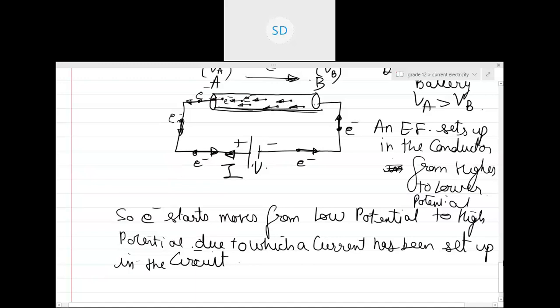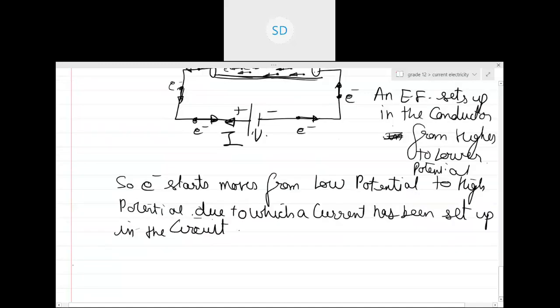So write down Ohm bhaiya's law. Write down Ohm's law. Yes, guys. What was Ohm's law? But Ohm's law had two different forms.